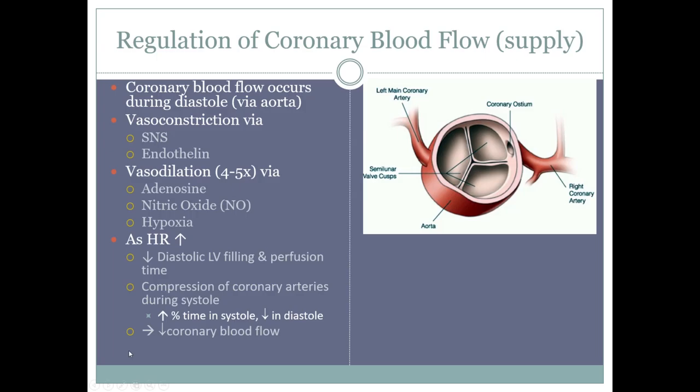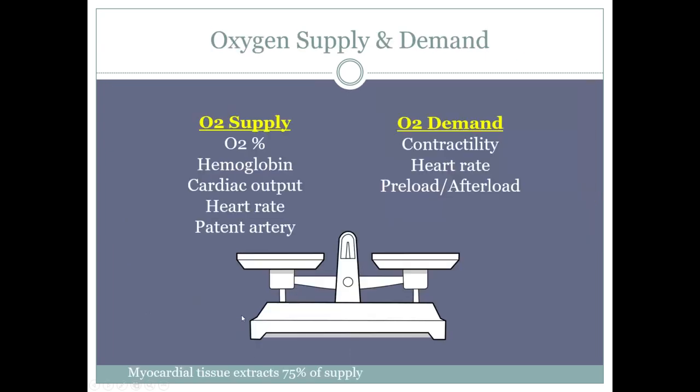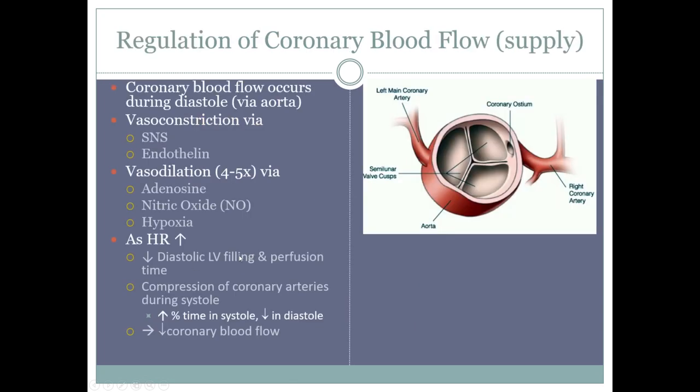All right, now back to heart rate, as to why perhaps it might, as we mentioned on this slide, have an impact on supply of blood. So as your heart rate increases, you spend quantitatively less time in diastole, because your cycles increase significantly.